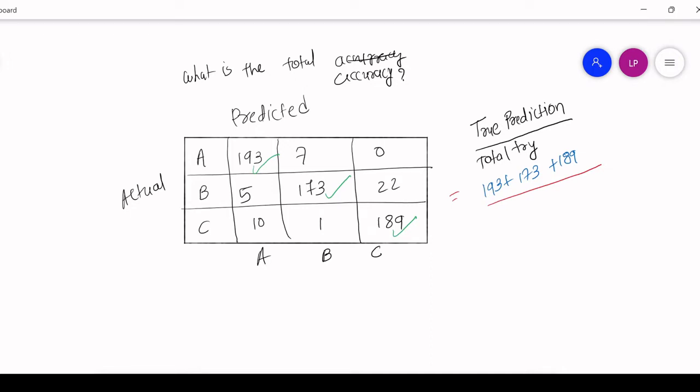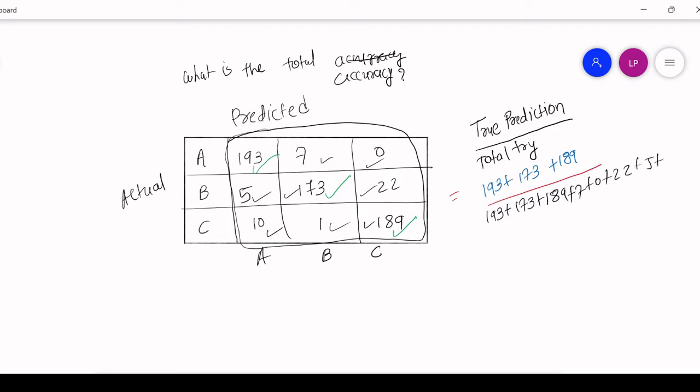And what are the other numbers? The summation of all these numbers, including the green ones, is the total tries. So we can say that it is 193 plus 173 plus 189 plus 7 plus 0 plus 22 plus 5 plus 10 plus 1. So at the end you will get the number 0.925.